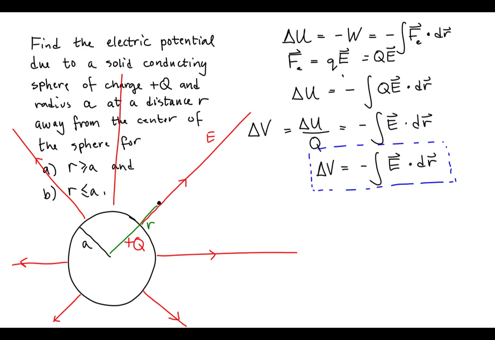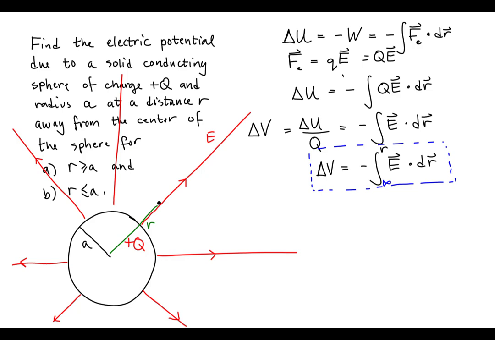What we are missing in this expression are the limits of integration. Well, by convention, we hold a point infinitely far away to be the point of zero electric potential. So the limits of integration will be from infinity to our point r away from the center of the sphere.